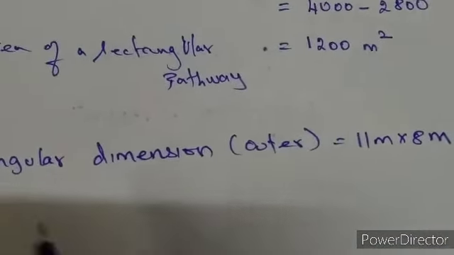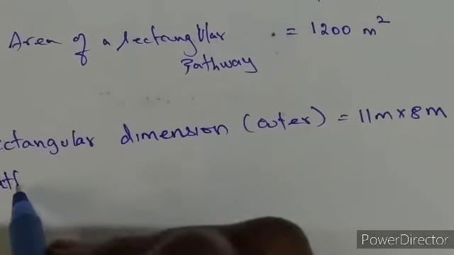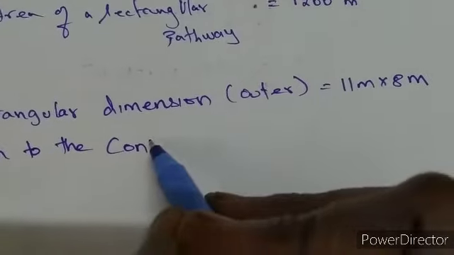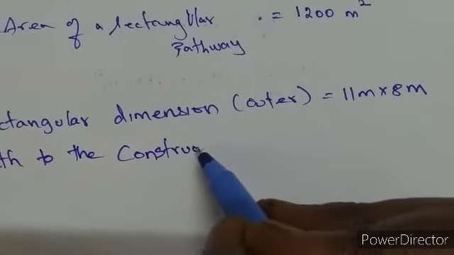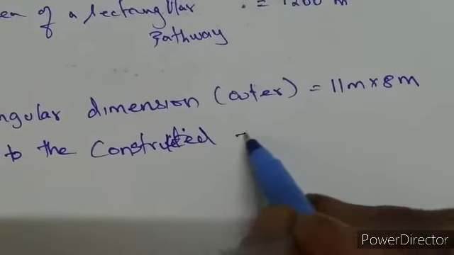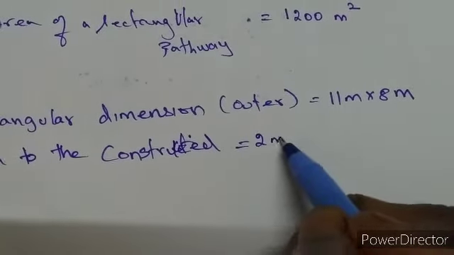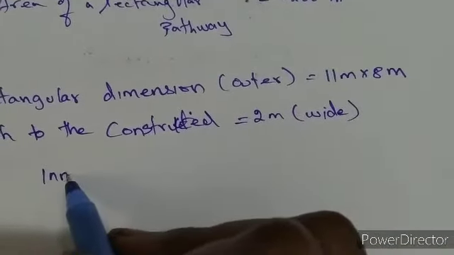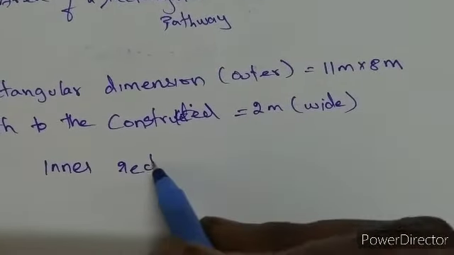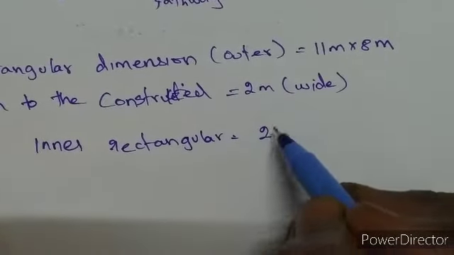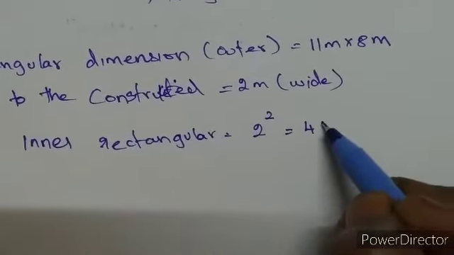The path to be constructed is 2 meter wide. Now we have to calculate the inner rectangle. Inner rectangle reduction is 2 square, that is equal to 4 meter.